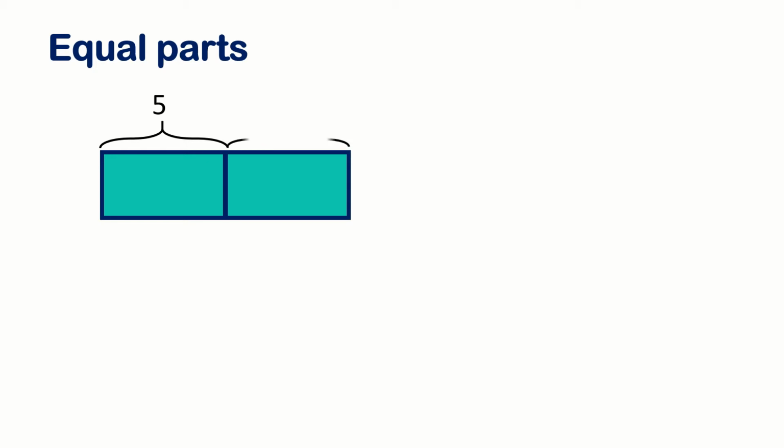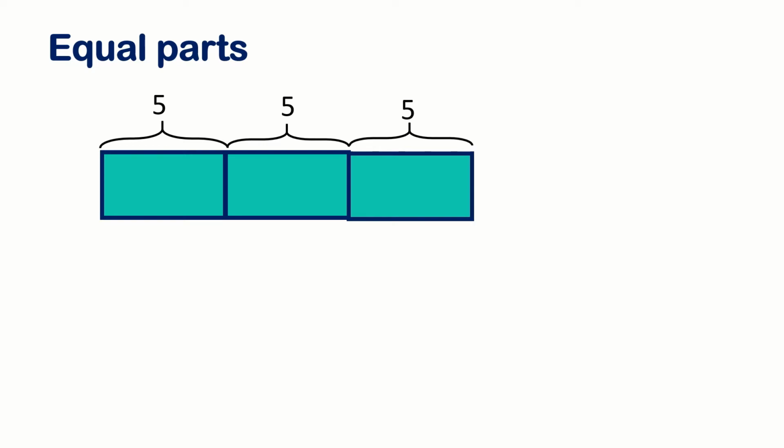Now we'll add equal parts all together. This is 1 bar. Its value is 5. We'll keep the same size of bar near this bar. Its value is also 5. Another bar, same size, same value, it's 5.